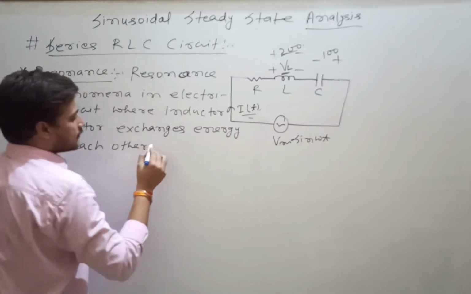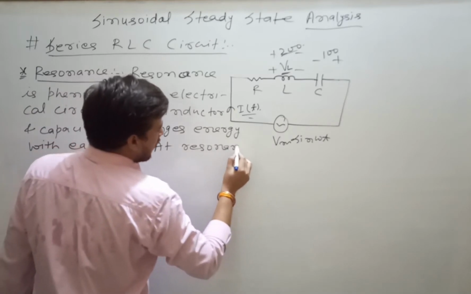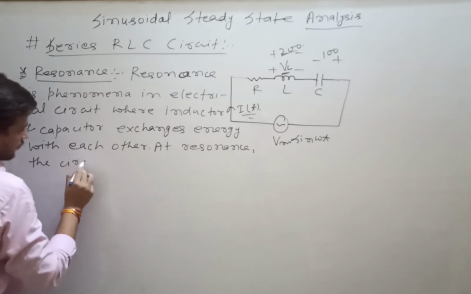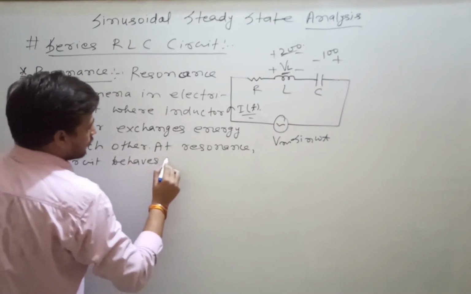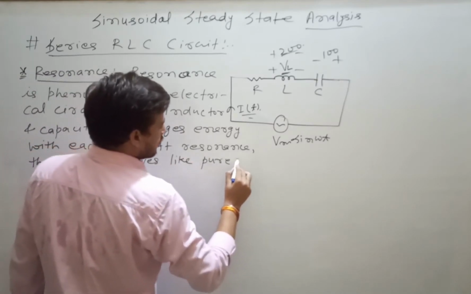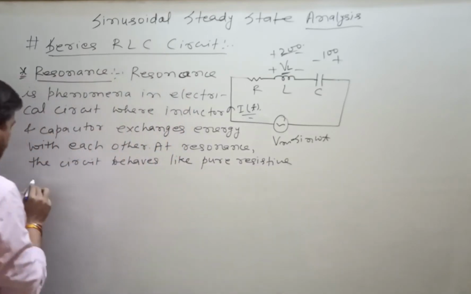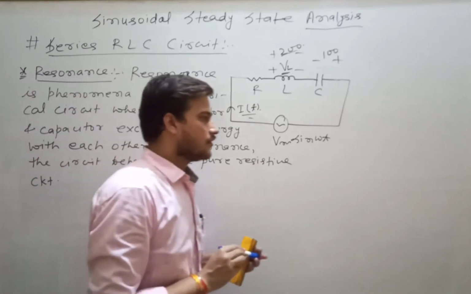And then you write, at resonance, the circuit behaves like a pure resistive circuit, and hence its power factor will be unity.